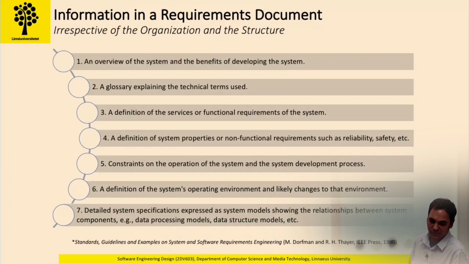Then you also have constraints on the operating system environment. You describe basically the host computer or the system where this software will be deployed, and what the changes might be in the next 5 years or 2 years. The system performance might improve, or the processor speed or even memory might need to be changed. So what will be the changes in the environment?